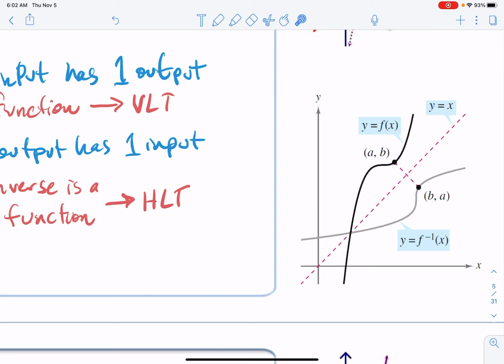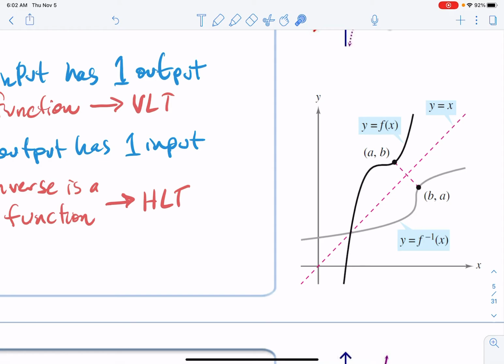Moving from left to right, this function is increasing. What about its inverse function? Isn't it still going upwards? That is one aspect of inverse functions that we don't usually anticipate. We might think that if one's increasing, then the inverse has to be decreasing. It's not true. Increasing and increasing.